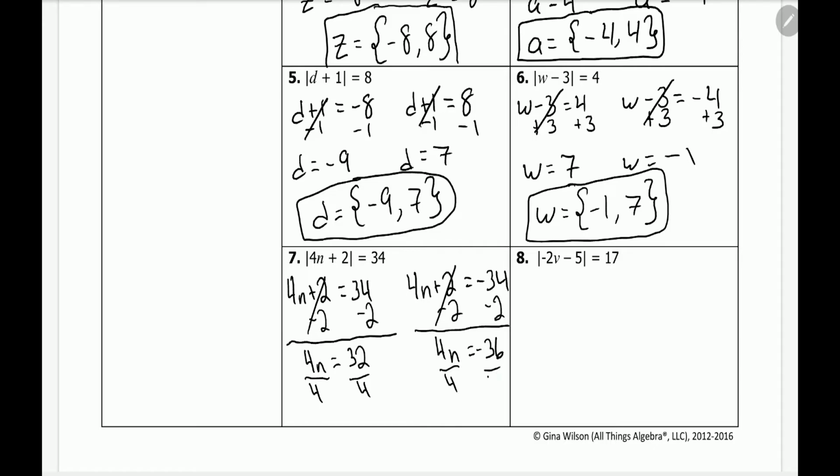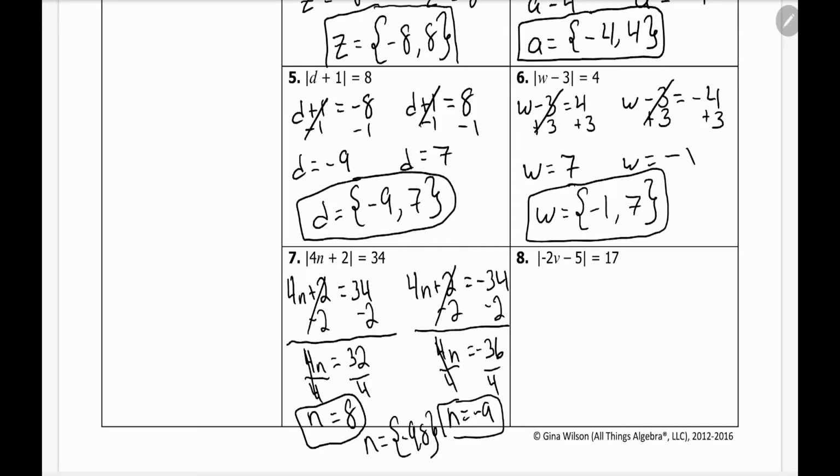Same thing over here. We have n left over. So n is equal to 32 divided by 4 is positive 8. And negative 36 divided by 4 is negative 9. So we have two different answers. n is equal to, curly brace, negative 9, comma 8, curly brace.